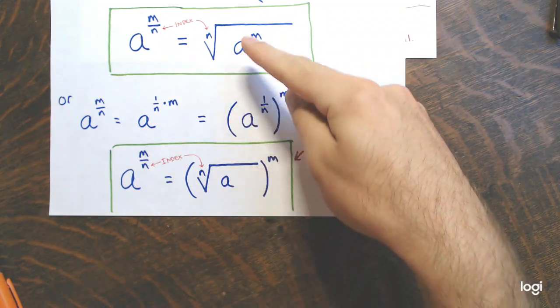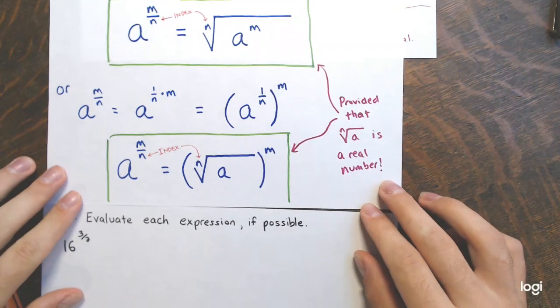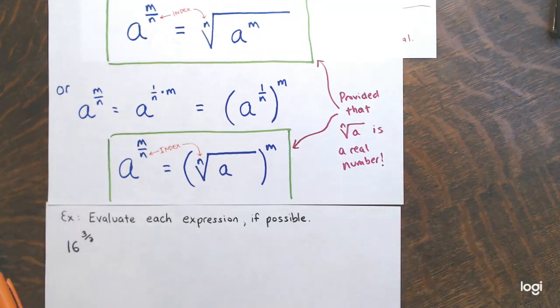Both of these mean the same thing, and we can decide which one's easier to help us evaluate an expression. My first example, and each one following, has the same instructions: evaluate each expression, if possible, if it's a real number.